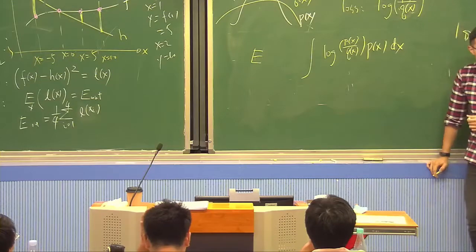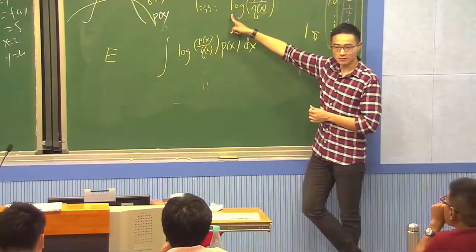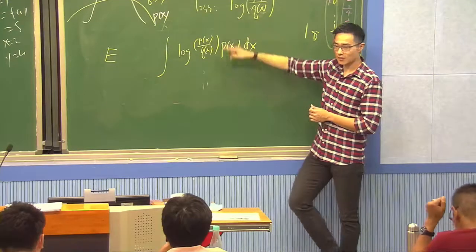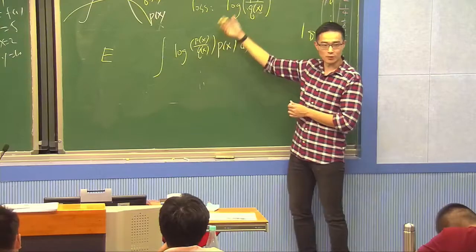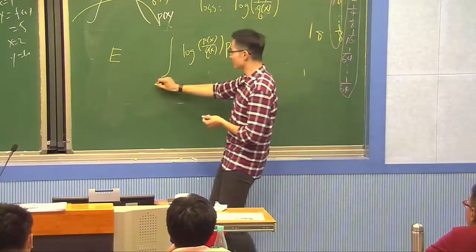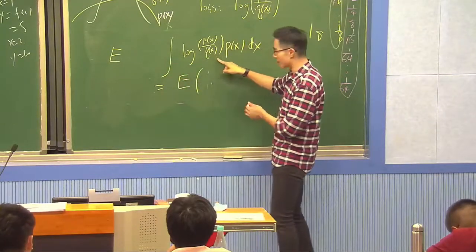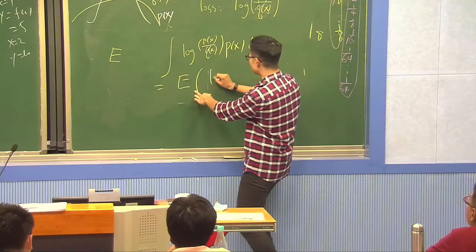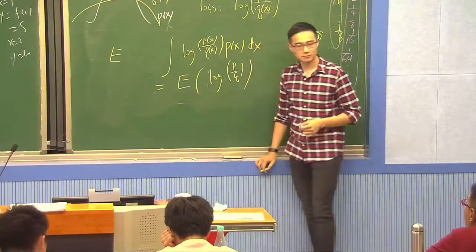That's the loss function, right? Because this one is the expectation of this one. True? This one is the expectation of this one because the true distribution is p, right? So when you integrate it with respect to p, that's the expectation, okay? So people get it? The error function is basically the expectation of log p over q.